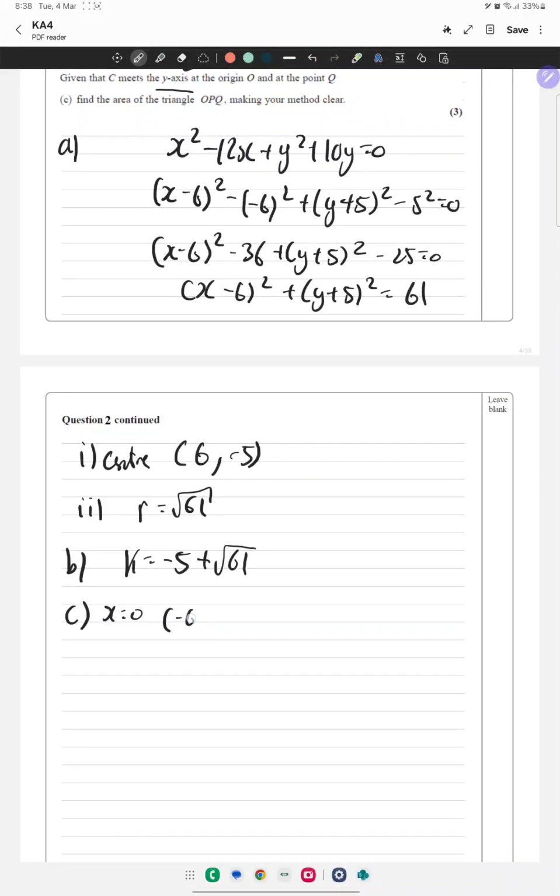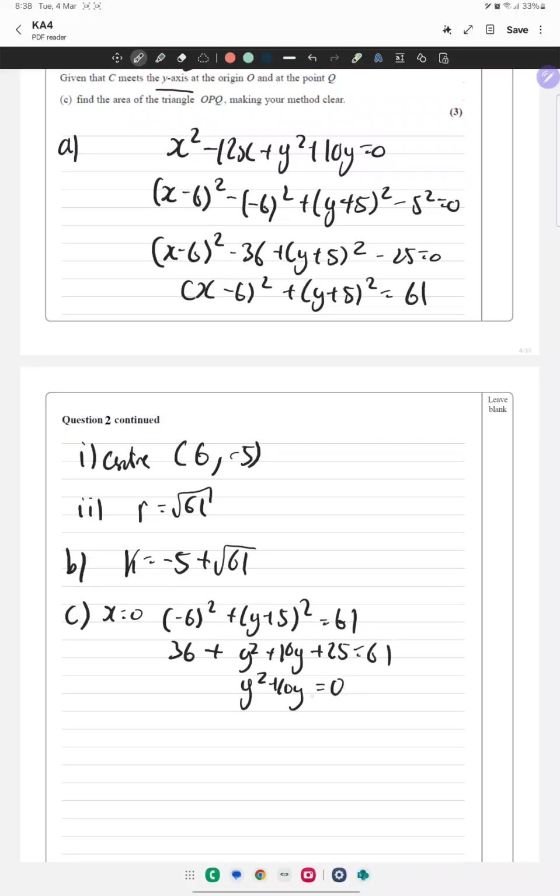So we've got minus 6 squared plus y plus 5 squared equals 61. So 36 plus y squared. This isn't the most efficient way to do this, but I think it's the way that will have the best general impact if you stuck to it. 36 plus 25 is 61. Take the 61 from both sides and it's gone.